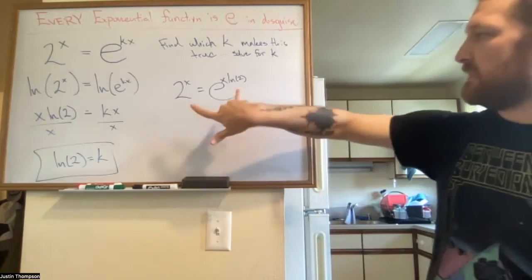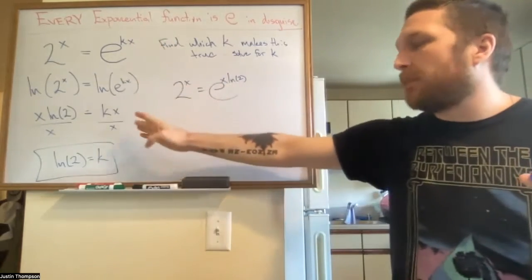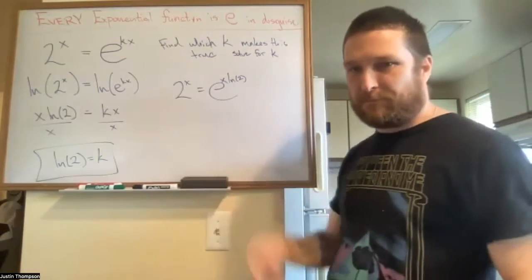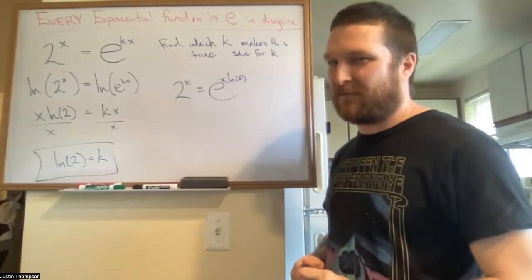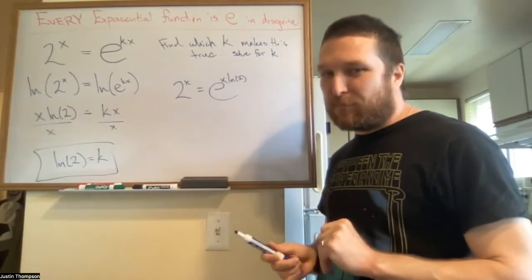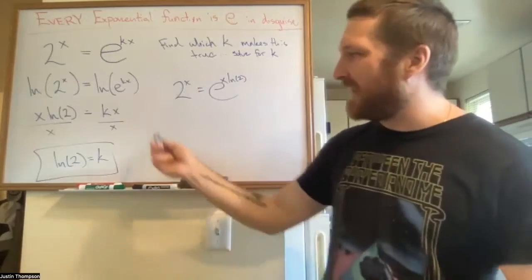So yes, this is true. Problem is, whenever you do something to prove something in math, you have to stop and say, wait a second, did I divide by 0? Because it might not be true if I divided by 0. So the question is, is this true when x equals 0?